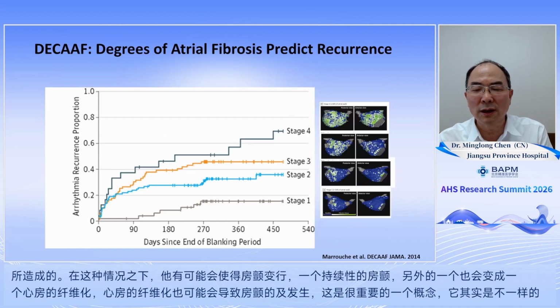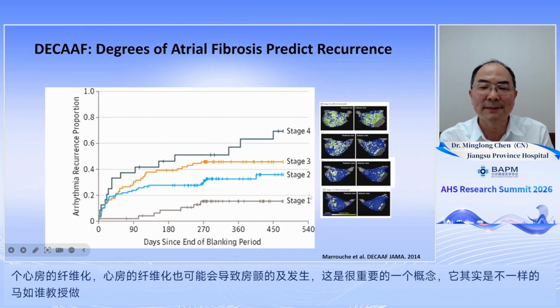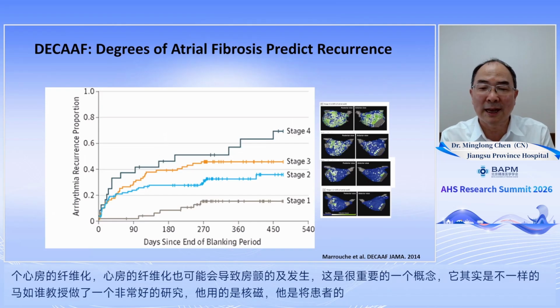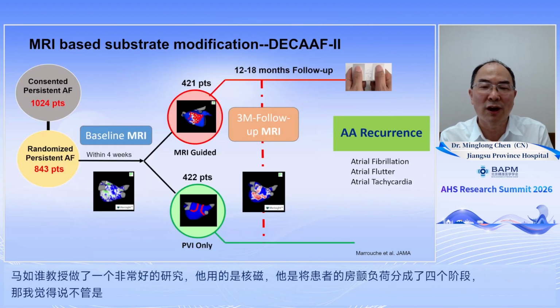Dr. Marrouche in the old days did a very elegant study using MRI delayed enhancement. They characterized their patients with AF burden into 4 stages. But whatever you do, the final success rate is only determined by the extent of the atrial fibrosis.